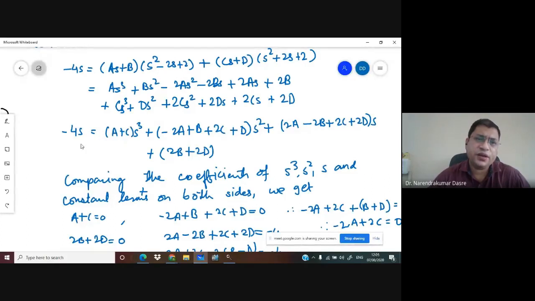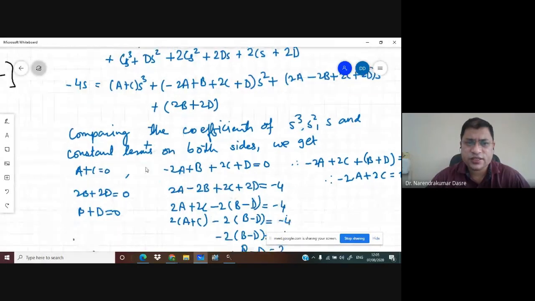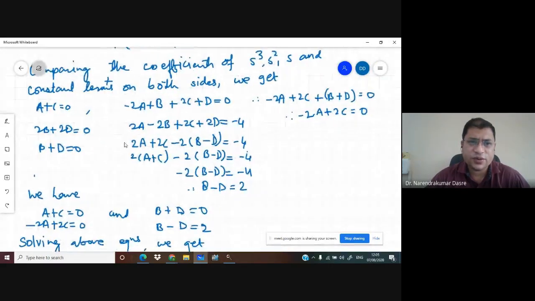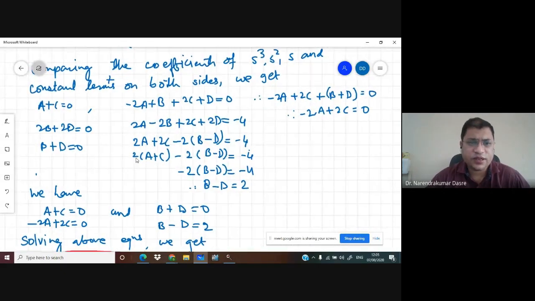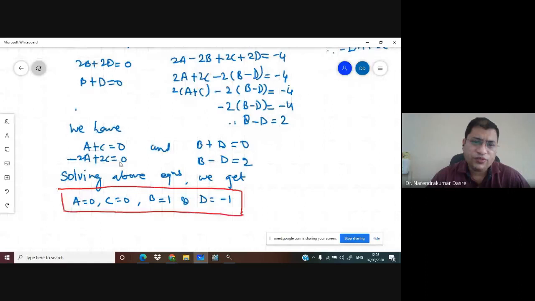Now if we compare the coefficients of s cube, s square, s, and constant term on both sides, we get these equations: a plus c is equal to 0, minus 2a plus 2c is equal to 0, b plus d is equal to 0, and b minus d is equal to 2. Now if we solve these equations, this is a 2 by 2 system, you can easily solve it by using a calculator.